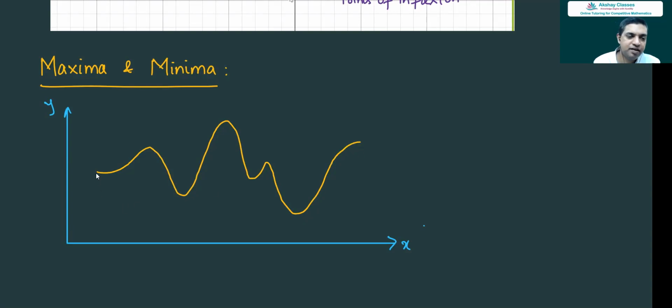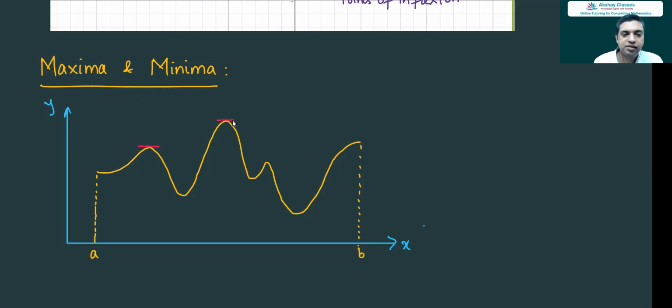Now, this is the end of the interval, the ends of the interval. The leftmost point is A, rightmost point is B. Now, this graph shows that there are many points which have peaks here.